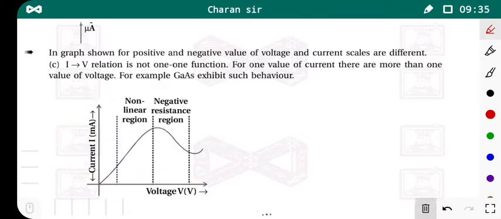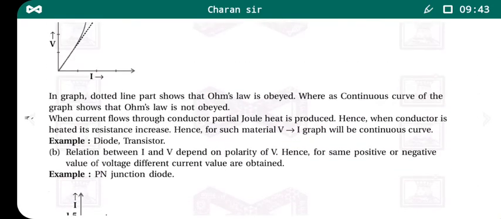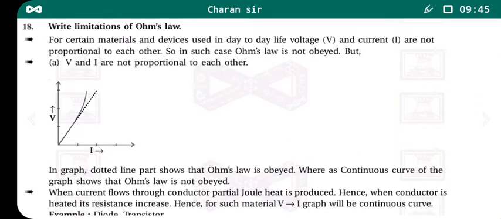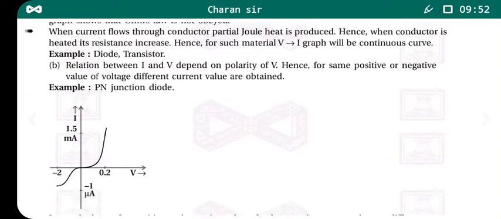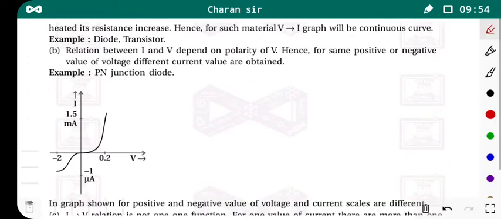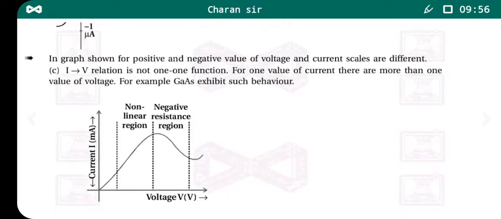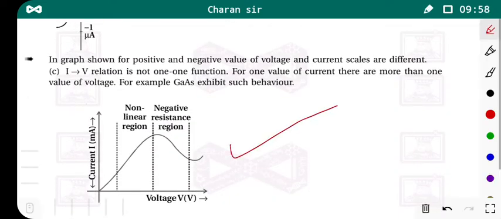So here we took three cases in which Ohm's law does not hold or is not obeyed. Now this is an MCQ question in this theory: this graph is given. This graph is for what? Transistor and diode. Then this is for a PN junction diode. Then this is for gallium arsenide.